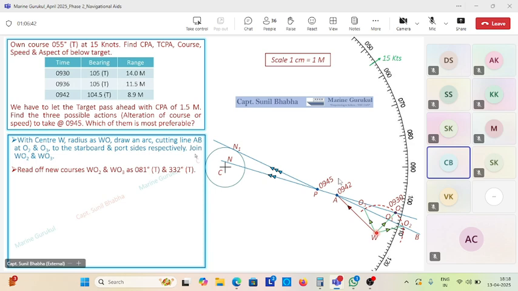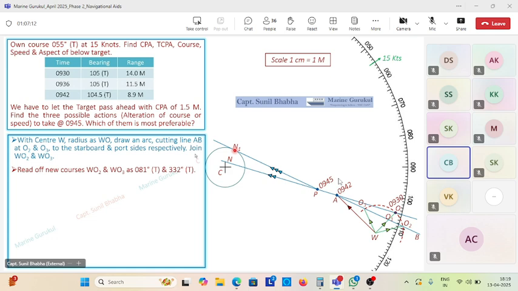If we alter our course to WO3, the new triangle would be WO3A. The relative line of approach would be O3A. Again, effective from 9:45, it will make the ship move on a track of P2N1, and this will achieve the desired CPA of 1.5 miles.